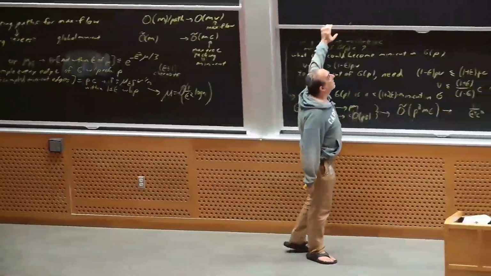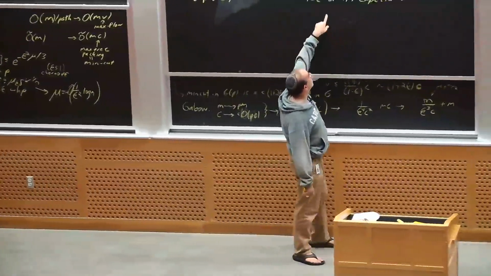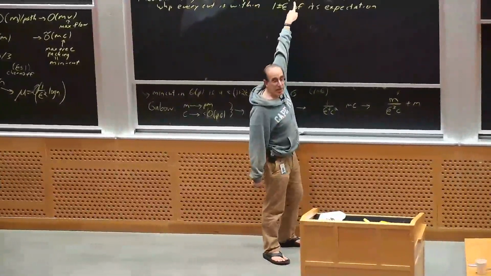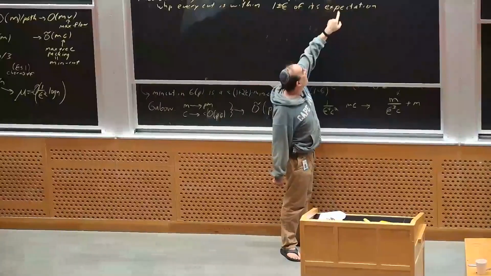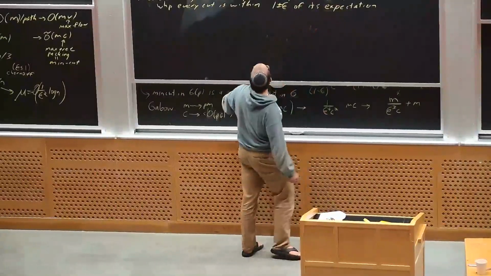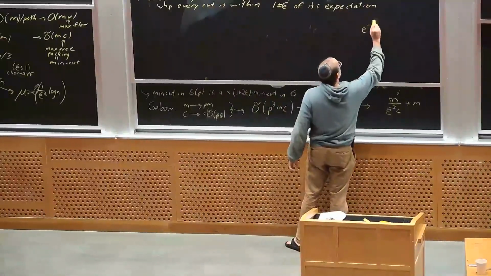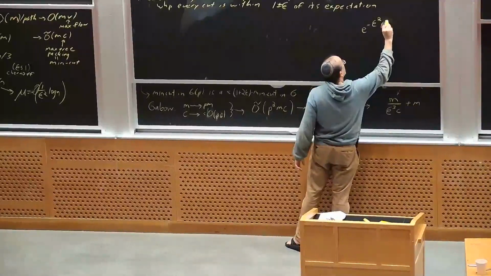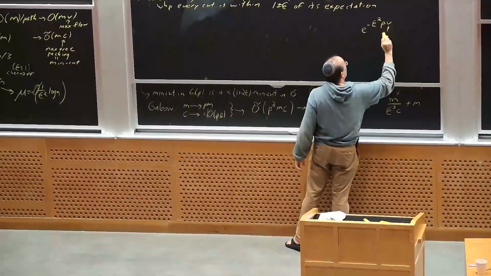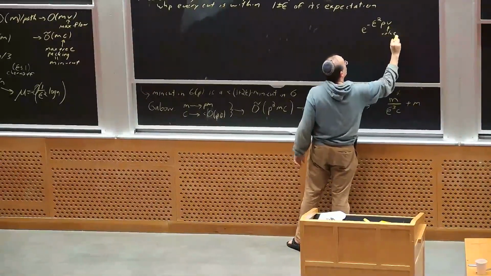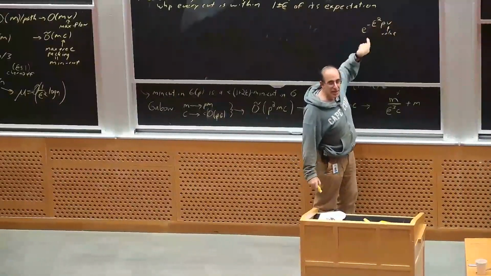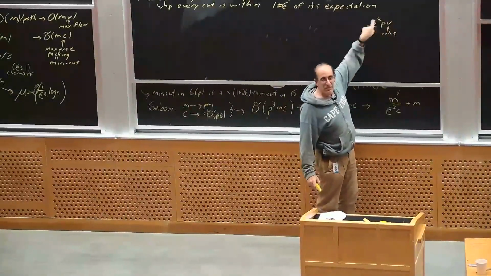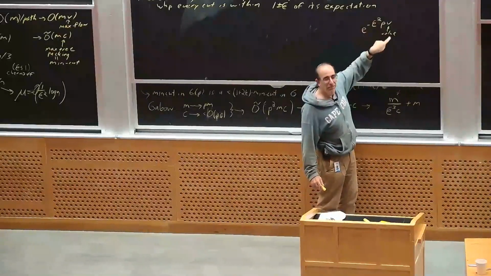Exactly. If I look at cuts that are twice as big as the minimum cut, then their expectation is twice as large, which means that in our Chernoff bound, e to the minus epsilon squared p times the particular cut value, I'm actually squaring this bound. It goes down exponentially with the size of the cut.